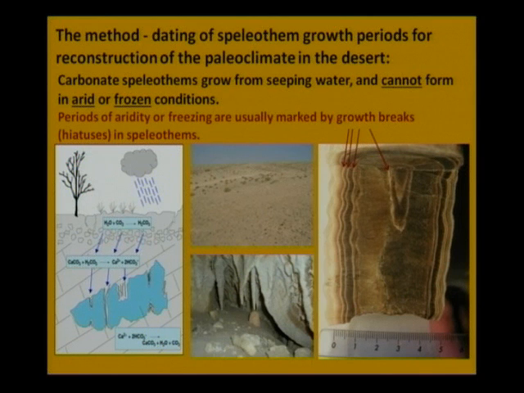Then when it reaches the cave, it deposits this dissolved limestone in the form of stalagmites, stalactites, and flowstones. You must have flowing, liquid water to form these formations. Otherwise, if you don't have water, like in the desert, or if you have frozen conditions, you will not have speleothem growth in the cave.